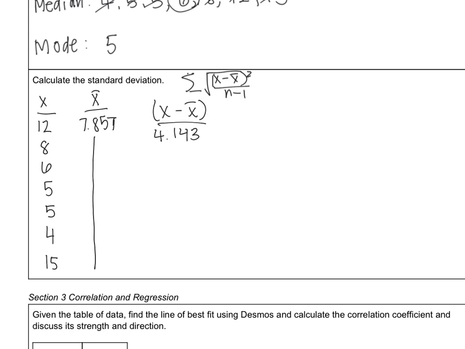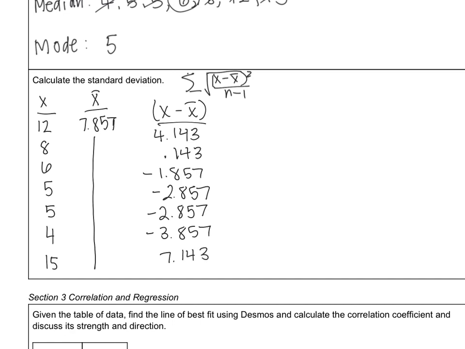Do the same thing with 8 minus 7.857, which gives me 0.143. I'm going to do that for each data point in my set. So next we get negative 1.857, negative 2.857, negative 2.857 again, negative 3.857, and lastly 7.143.